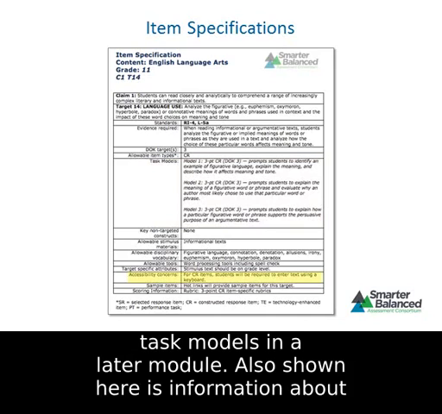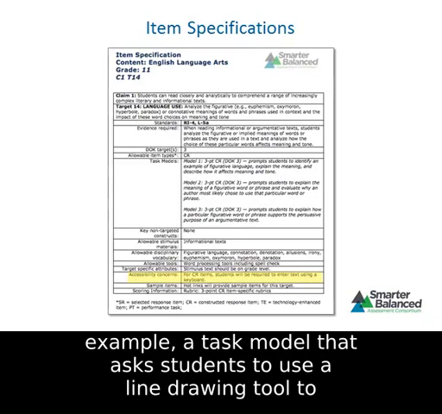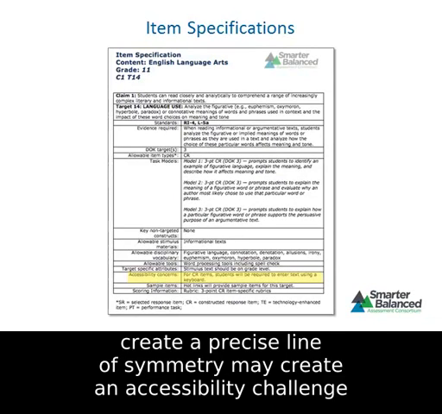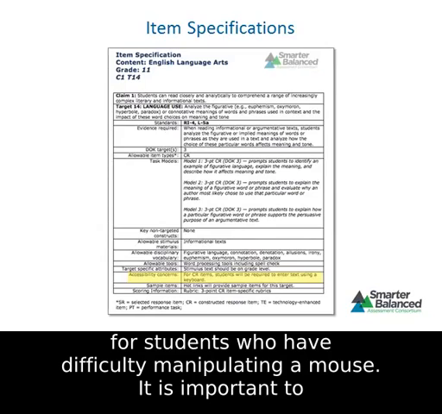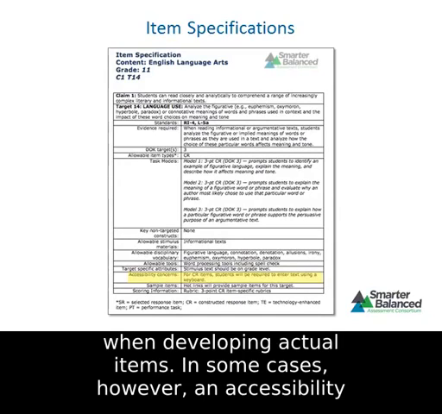Also shown here is information about potential accessibility concerns that a task model may raise. For example, a task model that asks students to use a line drawing tool to create a precise line of symmetry may create an accessibility challenge for students who have difficulty manipulating a mouse. It is important to consider these concerns and try to minimize them to the extent possible when developing actual items.